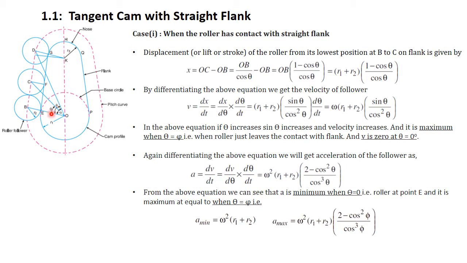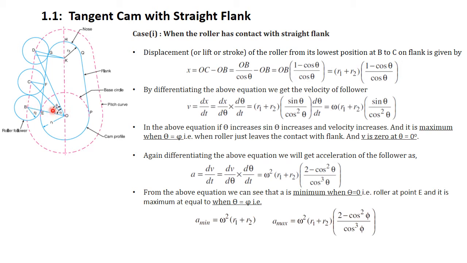So now theta is any angle in between 0 to phi. So let us say x is the displacement. So now if we consider that the roller reaches position C from B, angle theta is the turn by the cam, and the displacement of the follower will be nothing but equal to OC minus OB, right?